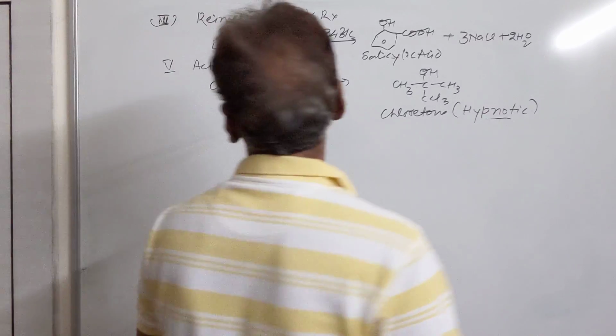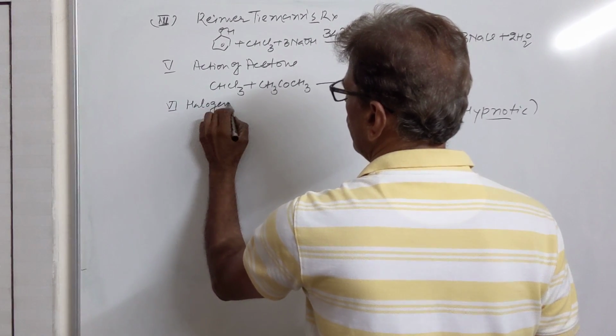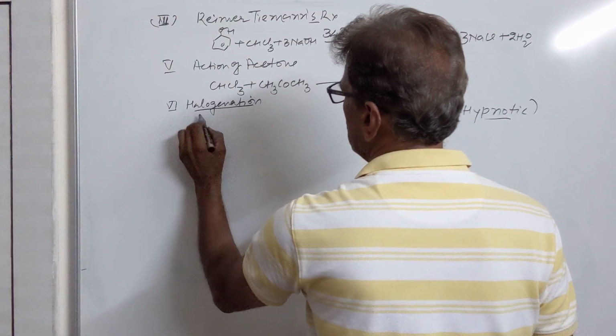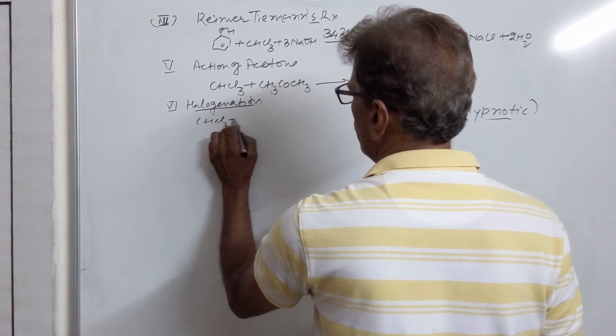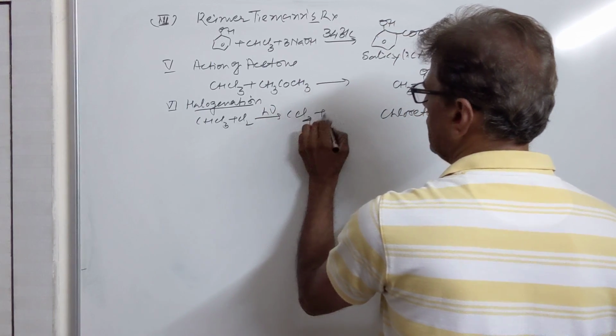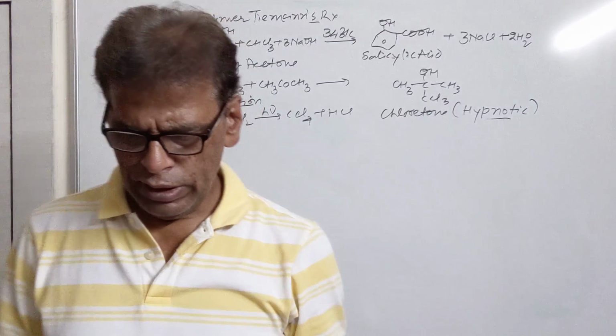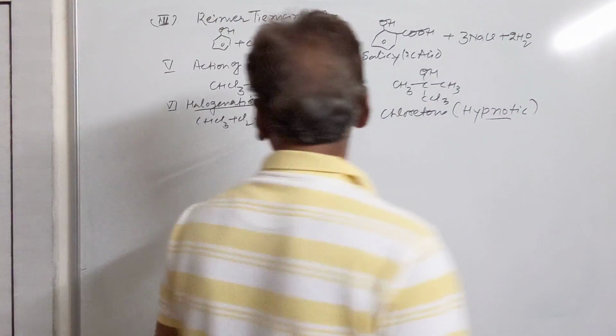Then halogenation of chloroform produces CCl4 plus HCl. This is CCl4. Then treatment with aqueous KOH.